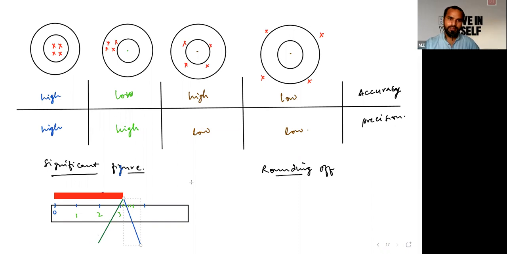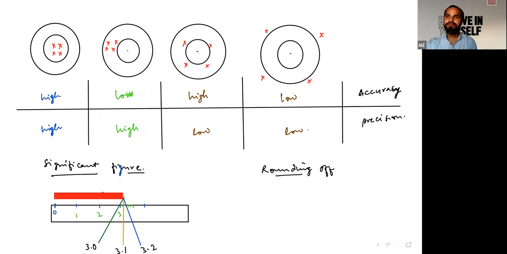On looking perpendicular to it, from this point, it would be just 3.1. So depending on the observer and the way he is observing that length on the scale, it would be 3.0 from this individual, 3.1 from this, and 3.2 from this. It is possible depending upon the observer.